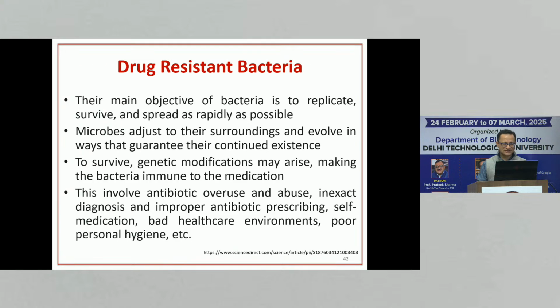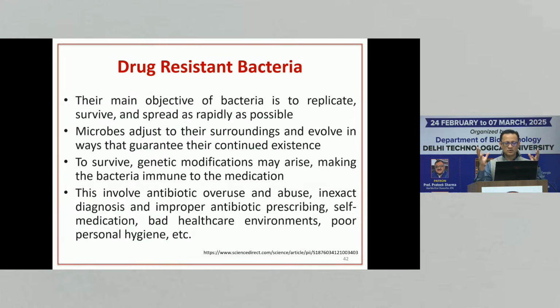Okay, drug resistance. So bacteria want to just survive, right? They want to grow, survive. Something is coming to kill it, and it wants to learn how to still survive and not die and keep growing. The main objective of bacteria is to replicate, survive, and spread as rapidly as possible.